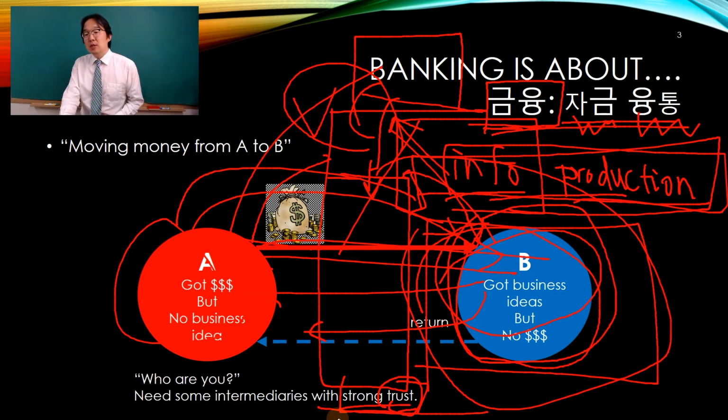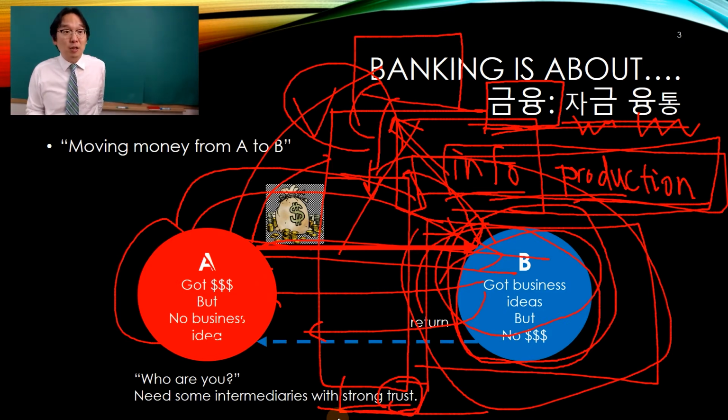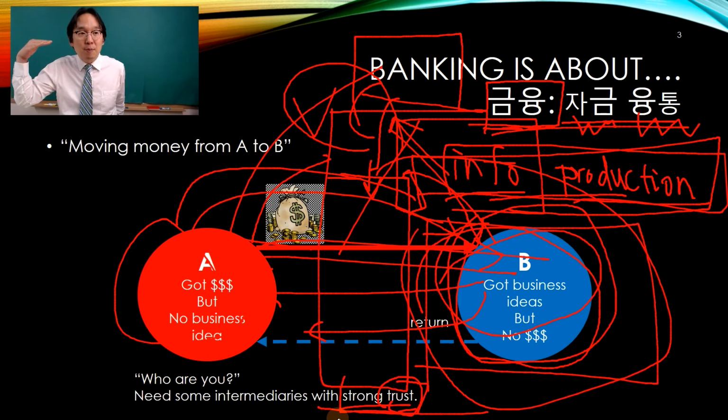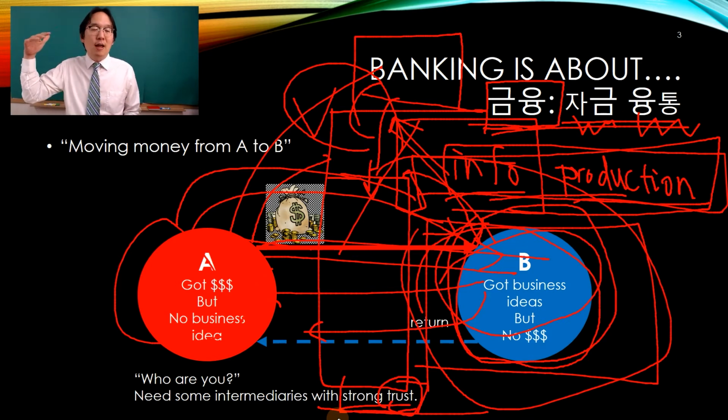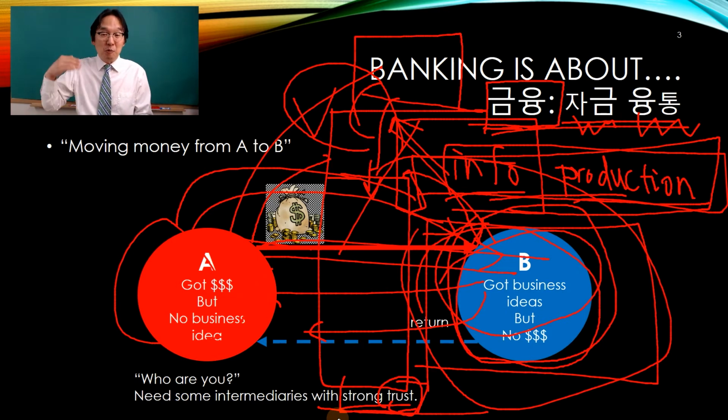And because people don't easily understand the importance of information production, our president Moon Jae-in sometimes says, oh, bankers are fat cats, and the interest rate has to be capped somehow, and the capital market or bank lending market has to be heavily regulated so that you cannot have more than X% of interest or something like that. Silly idea, okay?